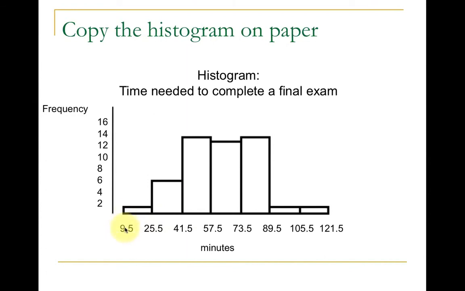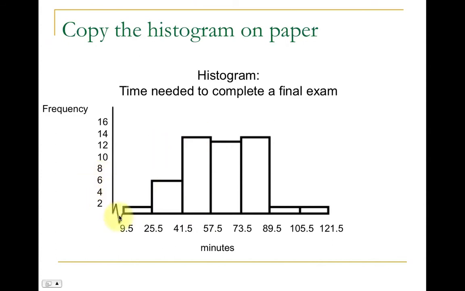It's just one 9.5, 25.5, then 41.5, then 57.5, etc. It's not like a bar graph in which you would put a range of values beneath each bar. They should be labeled like units on a horizontal axis. So you're going to do this for all the class boundaries up until 121.5, and then you're going to create rectangles the height of each frequency.